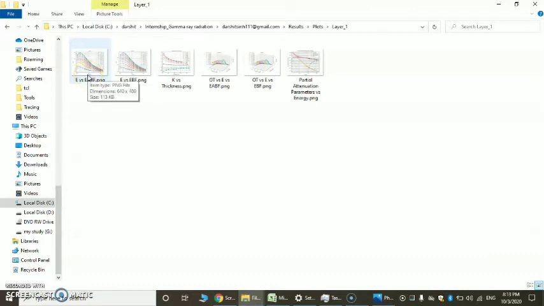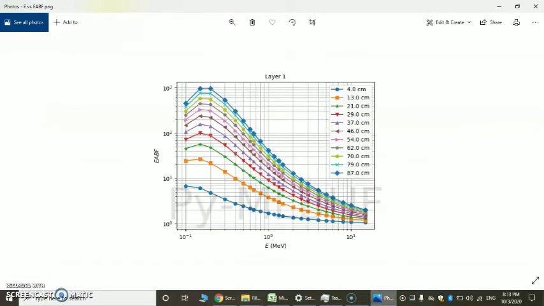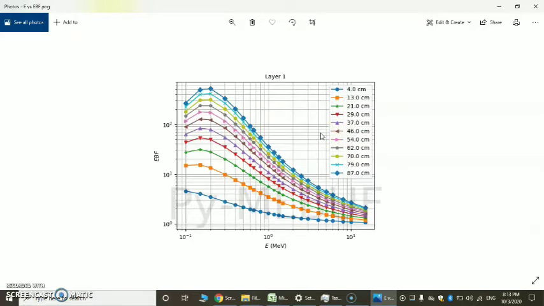So let's go to this one. This is energy absorption buildup factor versus energy. Then we have another plot. This is energy buildup factor versus energy.